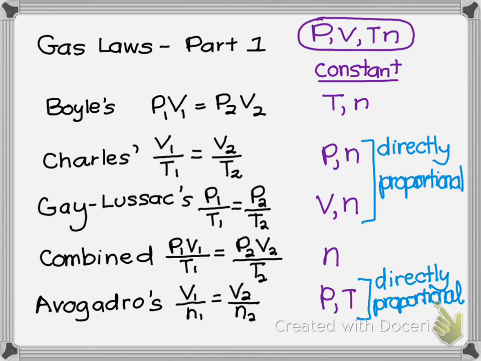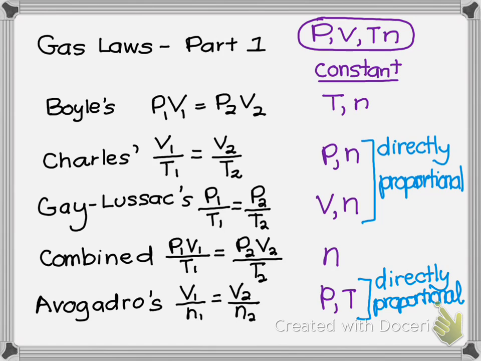For example, Gay-Lussac's law with pressure and temperature. I like to think of my car tires with this one. As you drive your car on the road, the friction of the tire on the road increases the temperature. So as the temperature inside of your car tire increases, as a consequence, pressure is directly proportional to that.